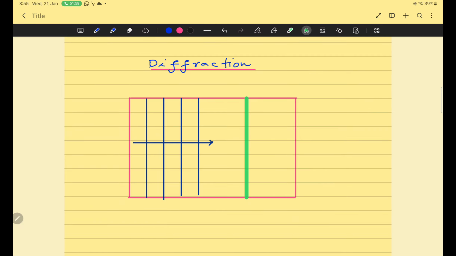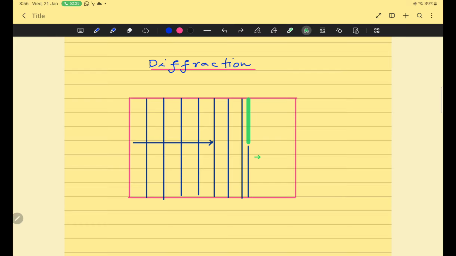This green line is a barrier, and obviously these water waves cannot cross this barrier. But if I open this barrier, and in this barrier I make a very small slit.